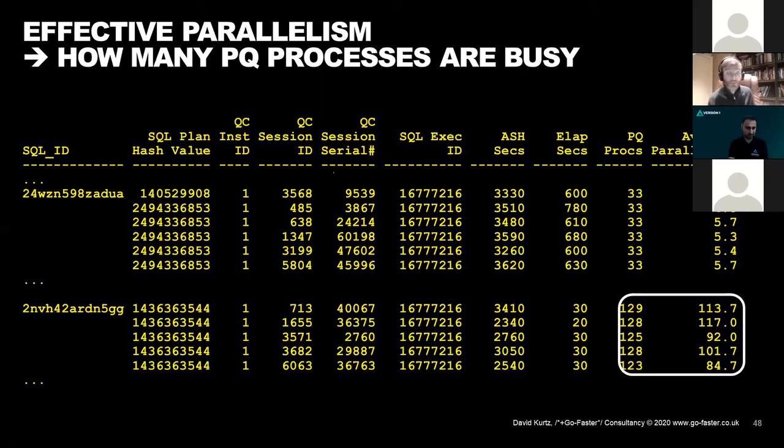Now, this has only lasted 20 to 30 seconds. I've only got 2 or 3 samples. So in fact, what's happening is that some of them are finishing before the first ASH sample goes off. This is actually parallel 128, and it's using it. It's actually very effective use of parallelism. So you can start to see, is my parallelism worth it, or should I tone it down and release CPUs so that other people can use them?